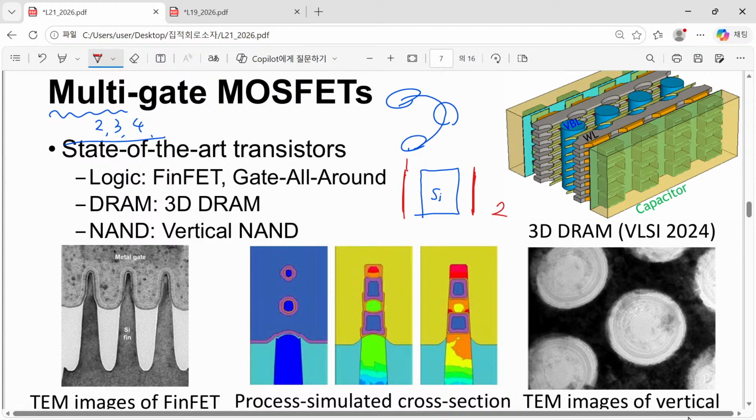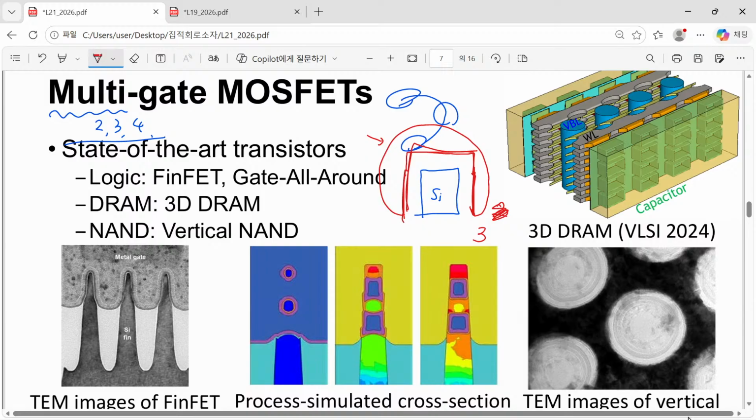And if 3 faces are covered by gate, although they are in one body, we do not call it a single gate, but we call it 3 gates. It sounds a little bit complicated. So we have only one single gate, but this single gate covers 3 faces of our cross section.